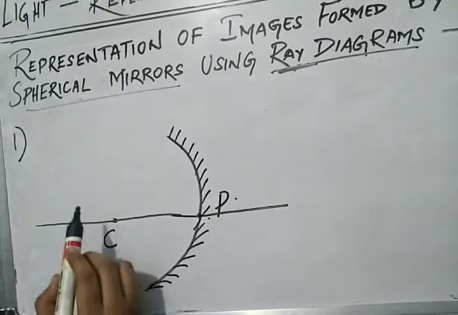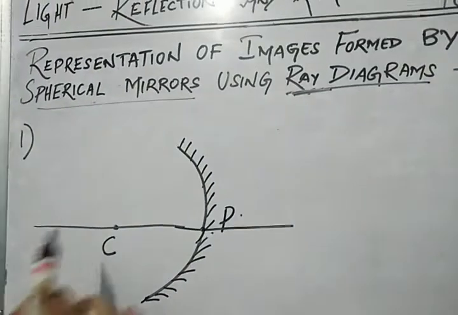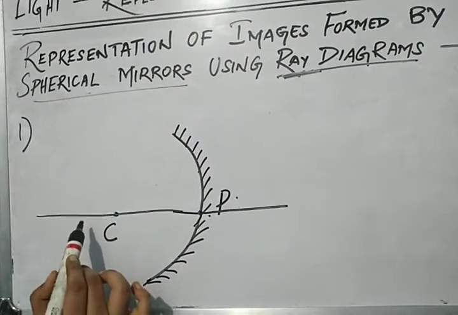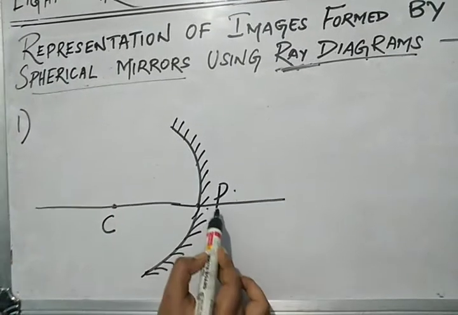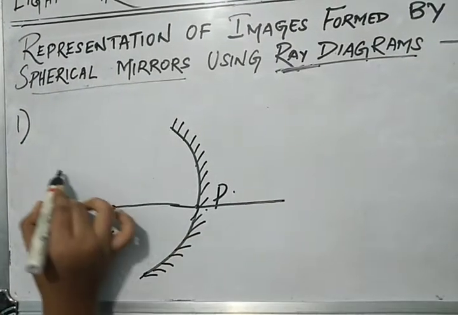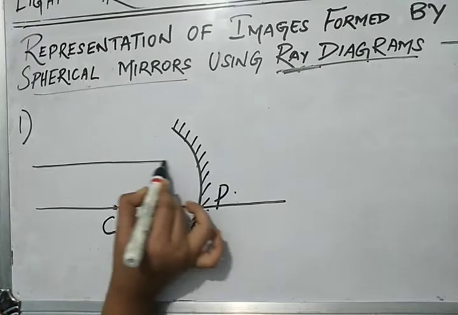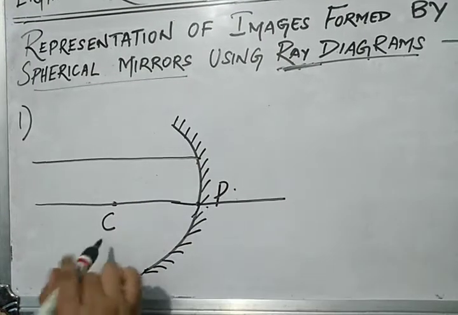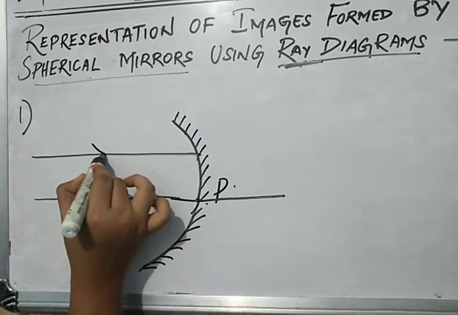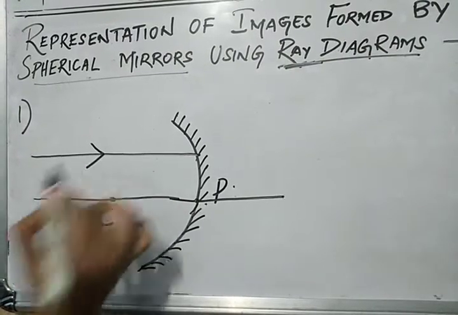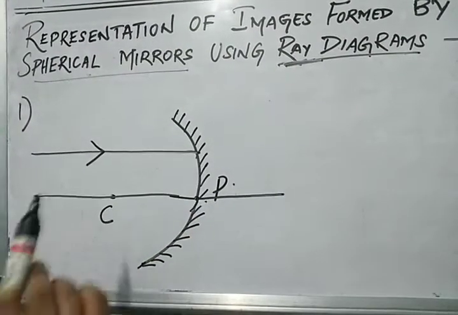Alright, now a ray which is parallel to the principal axis. This is the principal axis, and the ray should be parallel to the principal axis. It is incident on this concave mirror. Okay, now it is getting reflected back, right?